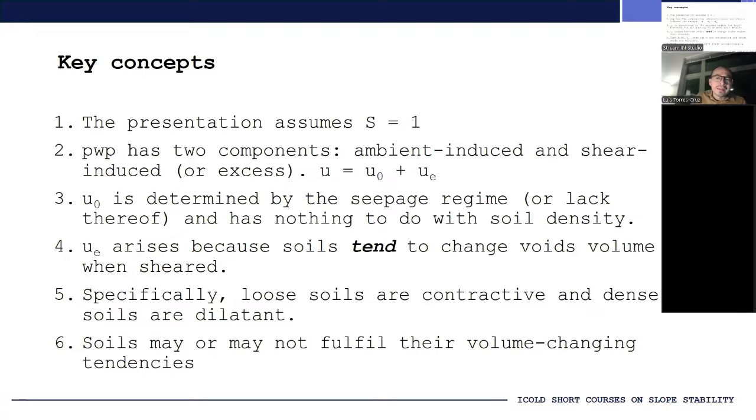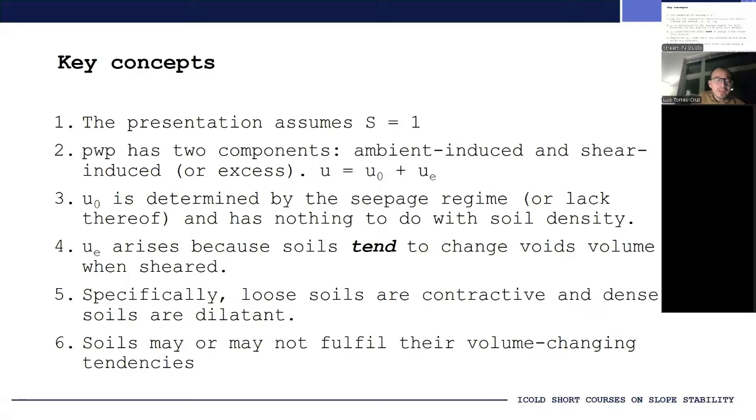On the other hand, we have the excess pore water pressure, UE, which arises because soils have a tendency to change the volume of their voids, in other words, to change the volume of the space in between the particles when they are sheared.